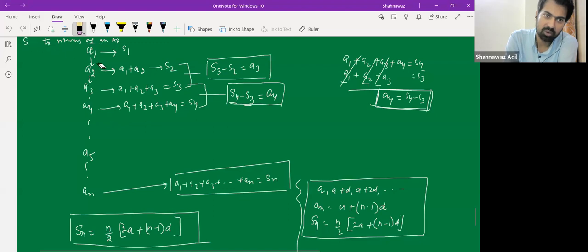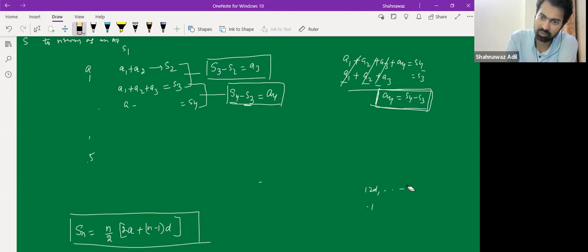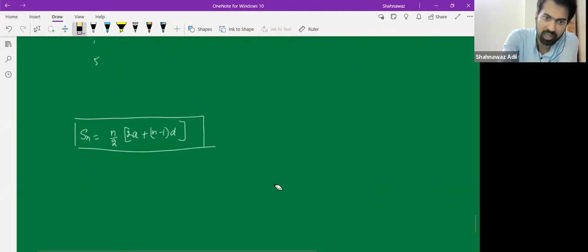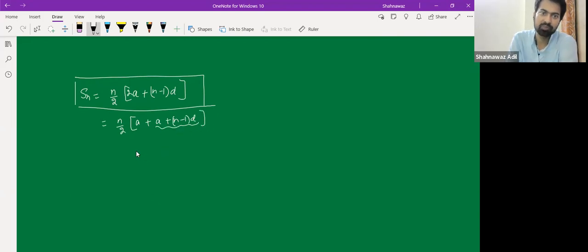Okay, so this was about the sum to n terms, and we can write other forms of sum to n terms also. So you guys see that we can write 2a as a plus a, right? We can write 2a as a plus (n minus 1) into d. So Shaima, you tell me what is this? It is an, right?